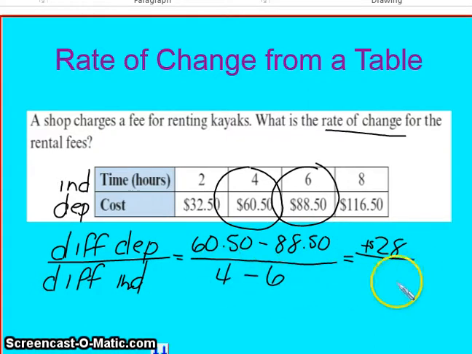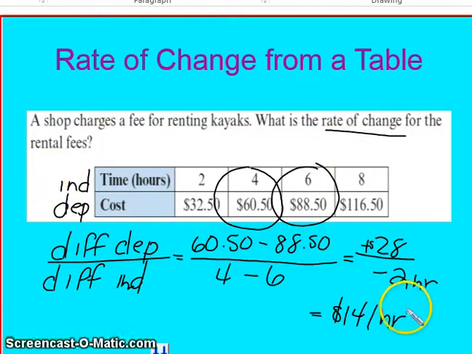And 4 minus 6 would give me negative 2, and then this is in hours. Now, negative 28 divided by negative 2 gives me a positive $14 per hour. So the rate of change for the rental fees is $14 per hour. They will charge you $14 for every hour that you rent the kayaks.